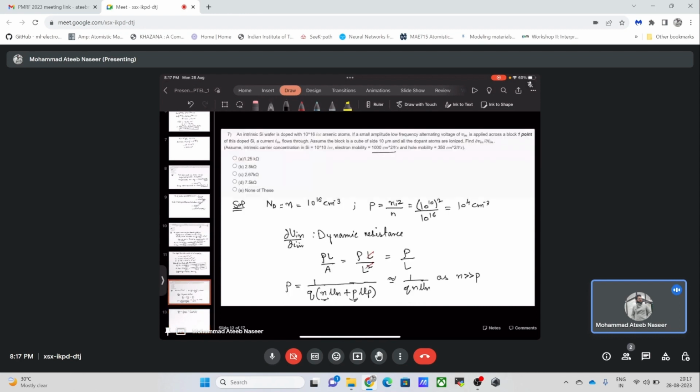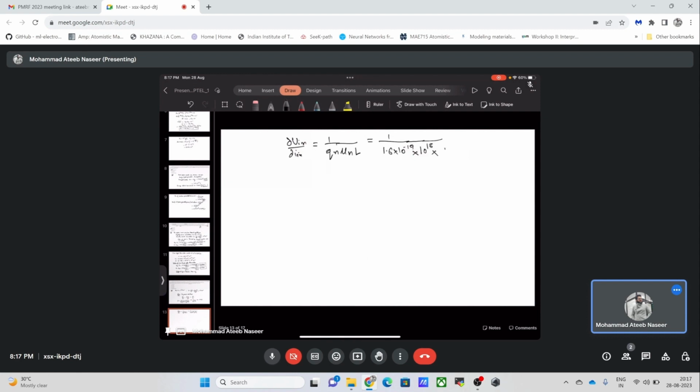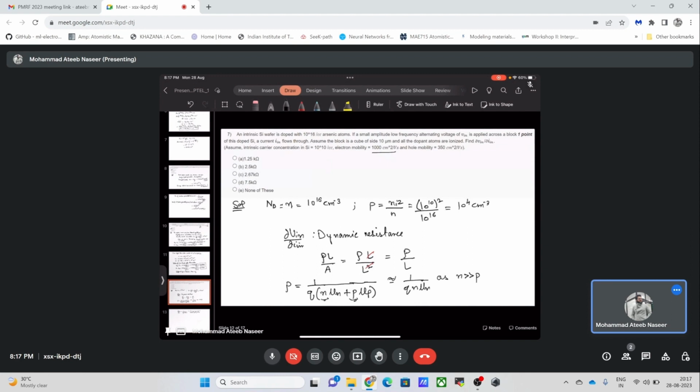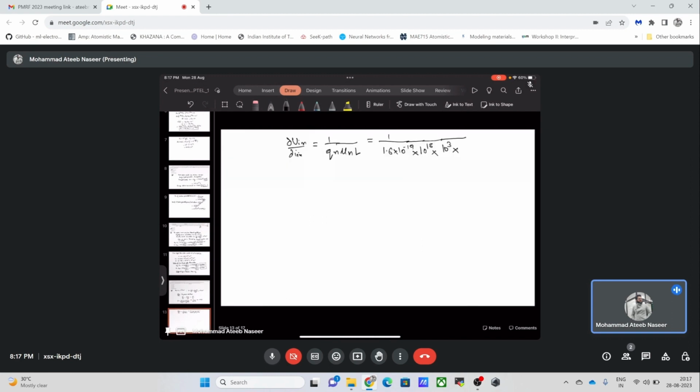Yes, it is 10 to the power of 3, and L is where is L? 10 to the power of minus 6 meter, but we have to convert it into centimeter. So it is 10 to the power of minus 3 centimeters simply.